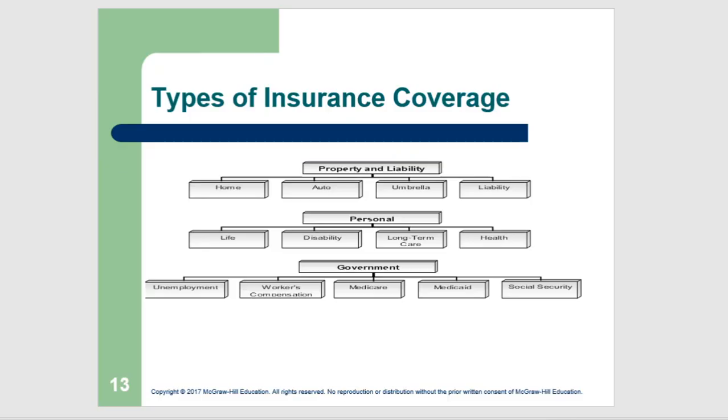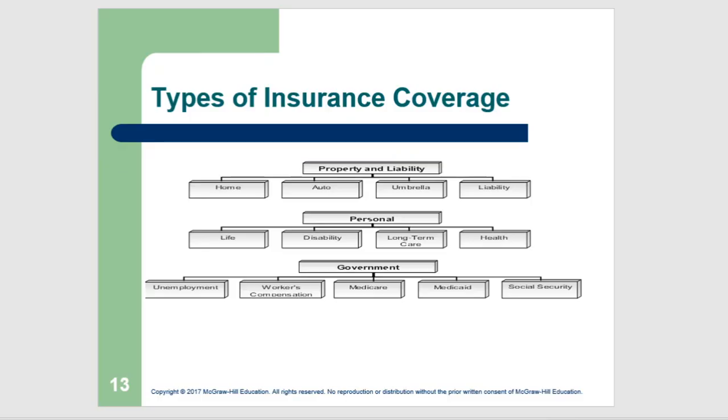Under property and liability, we have home insurance, auto insurance, and umbrella policies, which cover broad personal liability, like an injury on your property. Then personal insurance: life insurance, disability insurance, long-term care insurance, and health insurance.